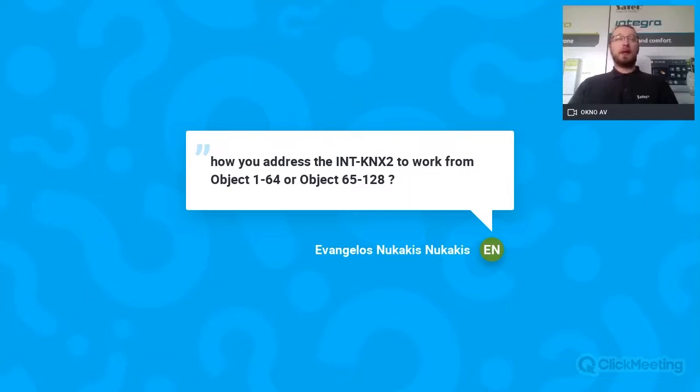There is no 65 to 128. You need to treat the objects separately, not together. So the first module is from 1 to 64, the second module from 1 to 64. Together, this will give you 128.